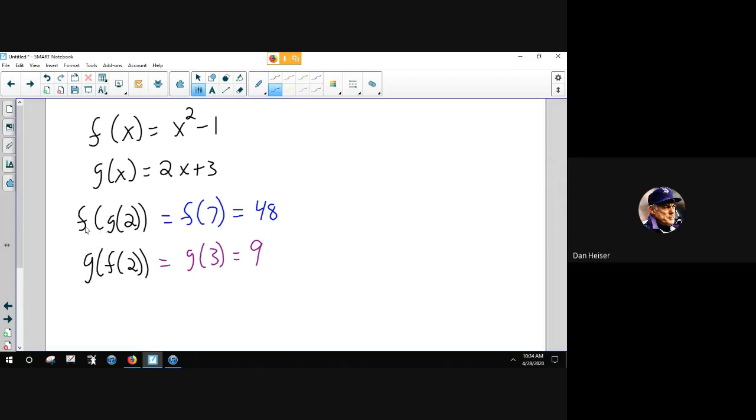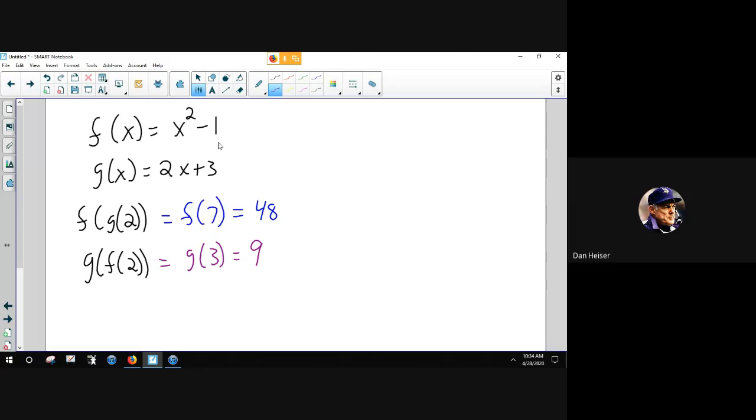Going from one order to another order completely changes the calculations you're doing, which kind of makes sense, because here, if we look at f of g of 2, we did the g function first. We doubled something, added 3, squared it, and then subtracted 1.